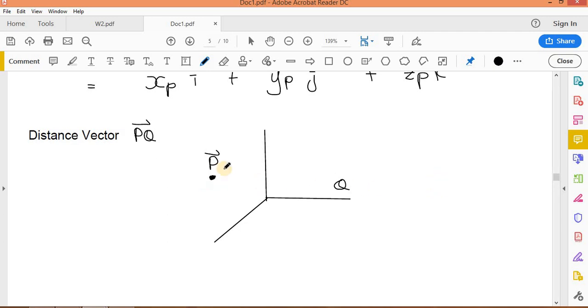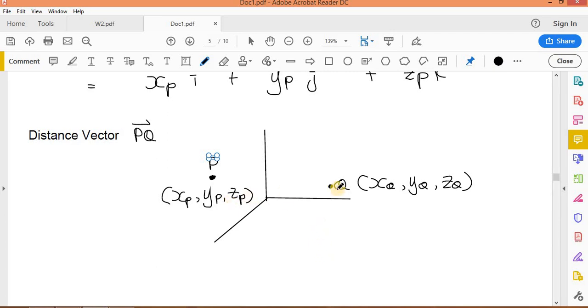Sorry, I shouldn't put this thing here. They are just points. This is point P, this is point Q. Both of them have their own coordinates, right? For P it will be xp, yp, and zp.